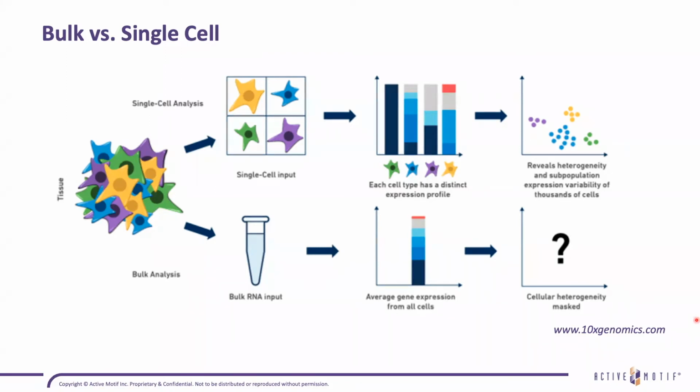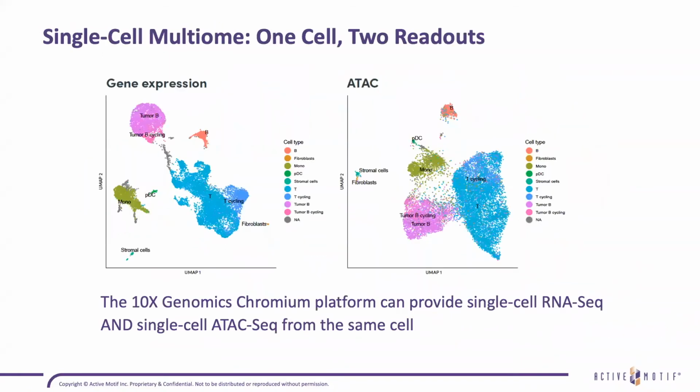your sample. We can do this for gene expression, like in this example, and we call that single-cell RNA-seq, but we can also do this for open and closed chromatin states on a single-cell level. We call that single-cell ATAC-seq. Combining these two methods into one assay is single-cell multiome.